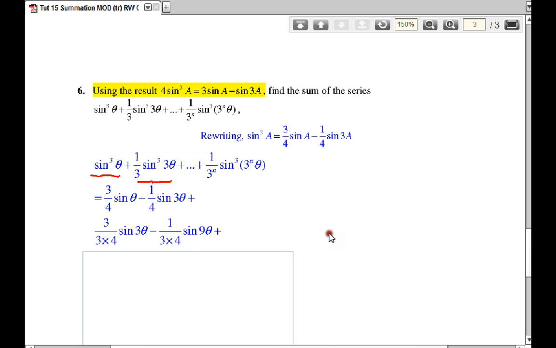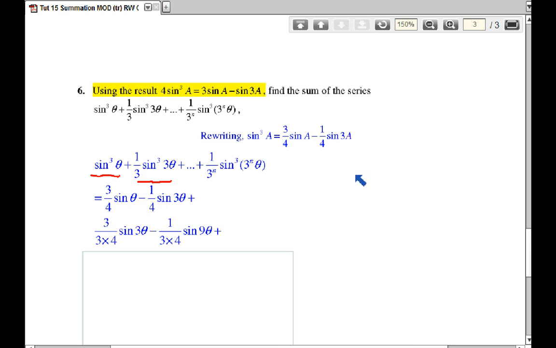I get this. Alright, this one is 1/3 times 3/4. This time your A is 3 theta, so sine 3 theta minus 1/4 times 1/3 sine 9 theta, because A is now 3 theta.